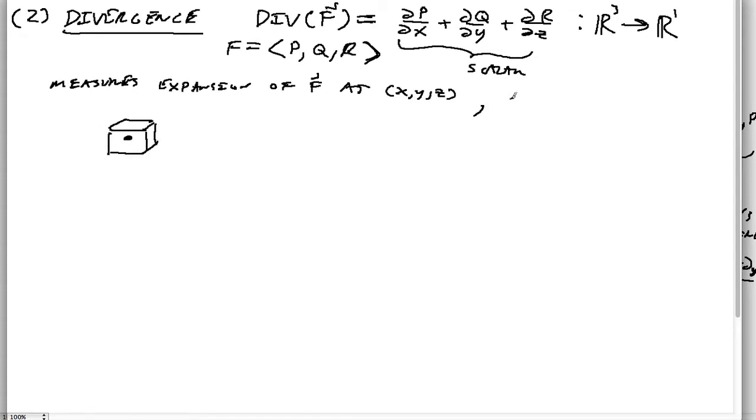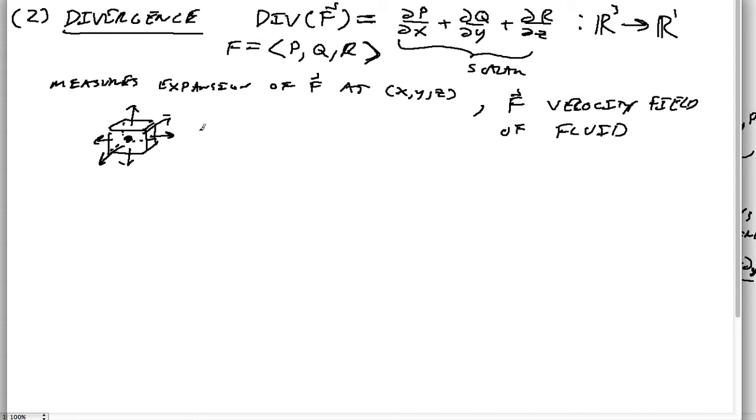And if we think of f as a vector field of the velocity field of a fluid, inside this box surrounding this point, there's some net flux going out through the box there, a net flux going out through the box there, and the amount going out like that. The idea is it measures the amount that's coming out.